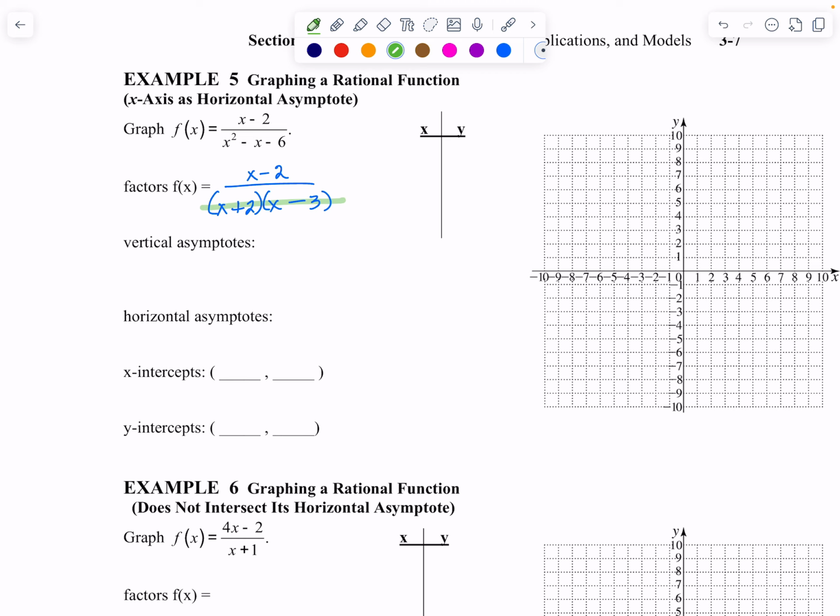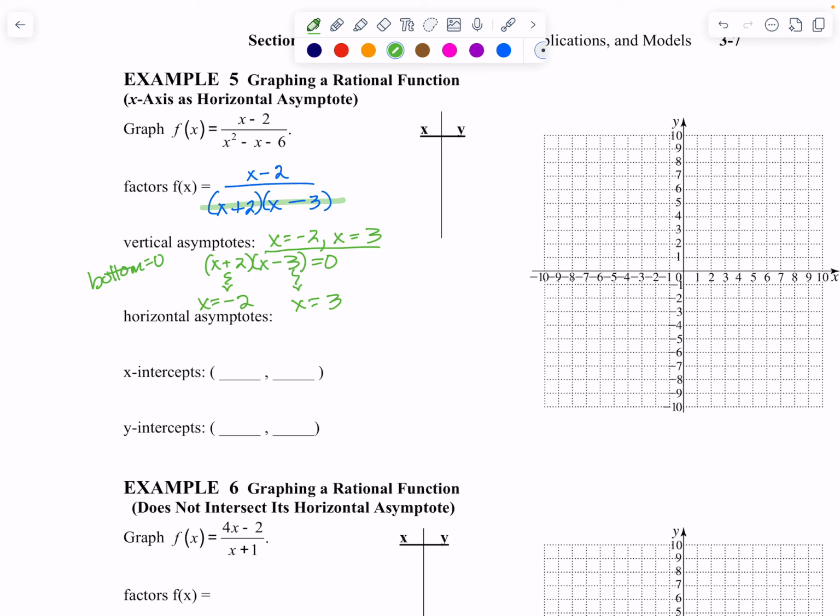X plus 2, and I'm just setting it equal to 0 for your notes. You don't actually have to show me that because we know just by looking that this is x equals -2 for this one and x equals 3 for this one. So that is my asymptotes. Again, you must write it as 2 equations. Let's go ahead and graph those.